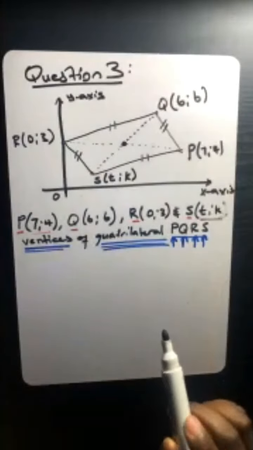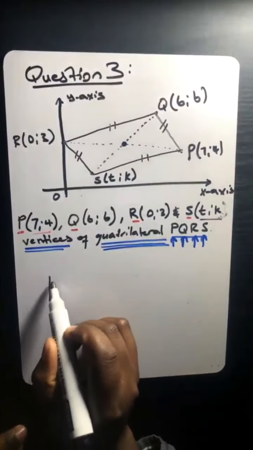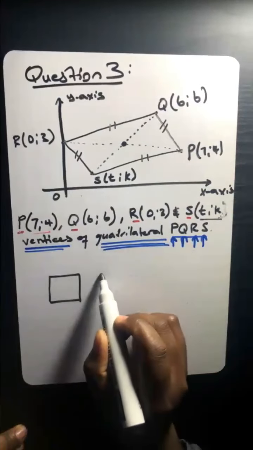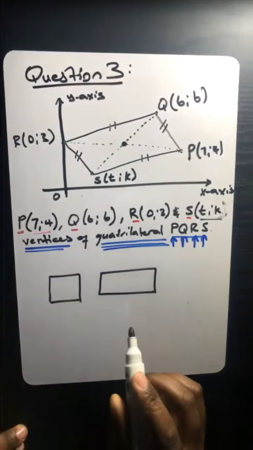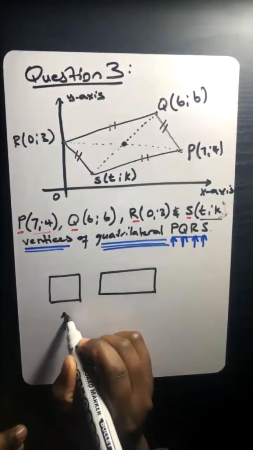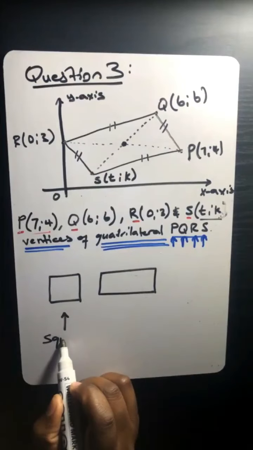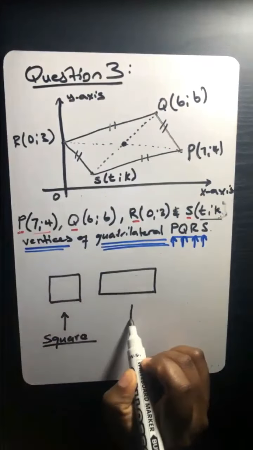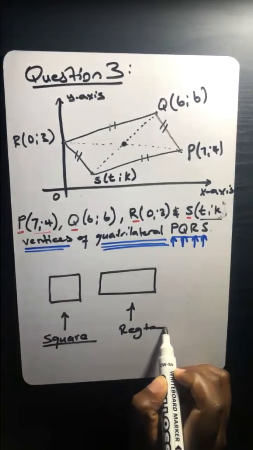And again, when we talk about a quadrilateral, you can have a quadrilateral with all sides being equal, sides like that. This is a special type of quadrilateral which is called a square. You guys know this shape as a square, and you know this shape as a rectangle.